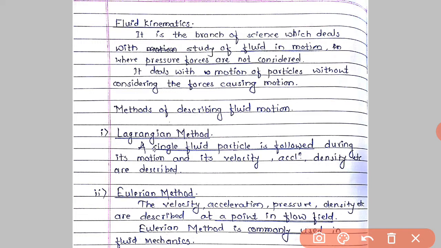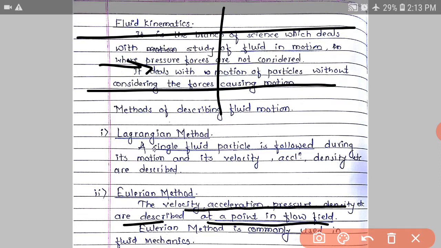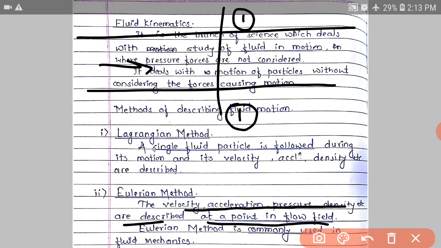See here, in the Eulerian method, the velocity, acceleration, pressure, density, etc. are described at a point in a flow field. Suppose consider this is a pipeline or pipe flow, and take a section. See here, section 1-1, this will be our section. Here we have to describe the velocity, acceleration, pressure, density at a point in the fluid flow.